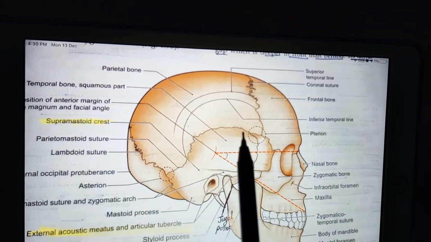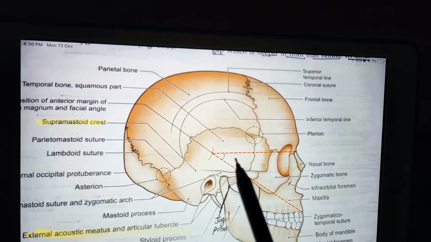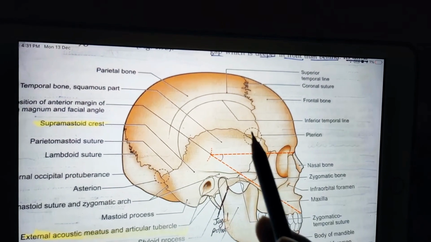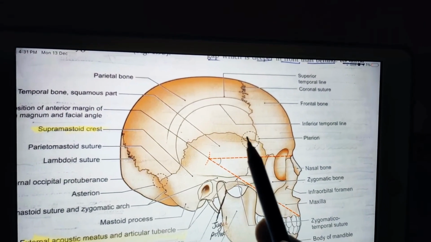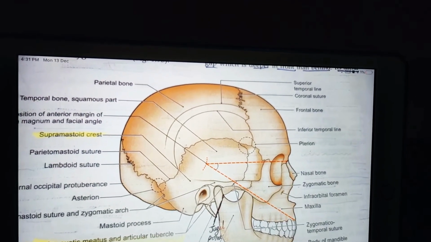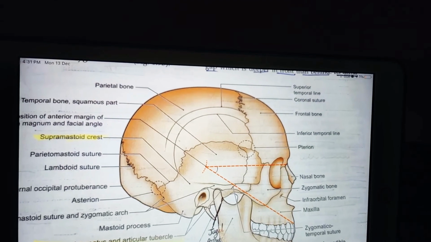The pterion is the junction of the frontal bone, parietal bone, squamous part of the temporal bone, and also the greater wing of the sphenoid. All these structures meet together here and form the pterion. This pterion point is also called the Sylvian point.